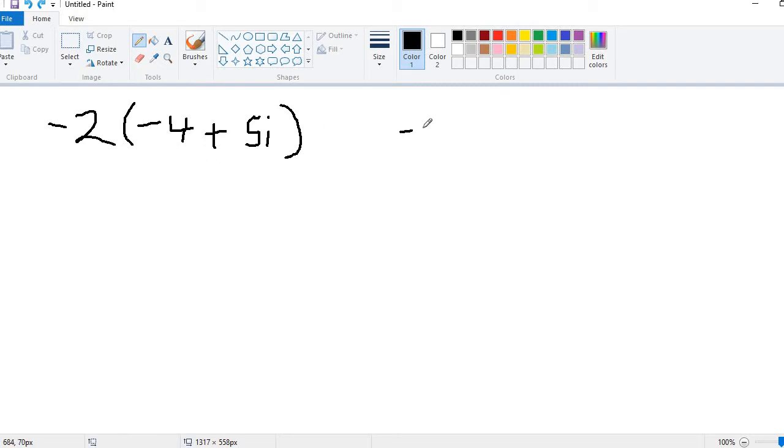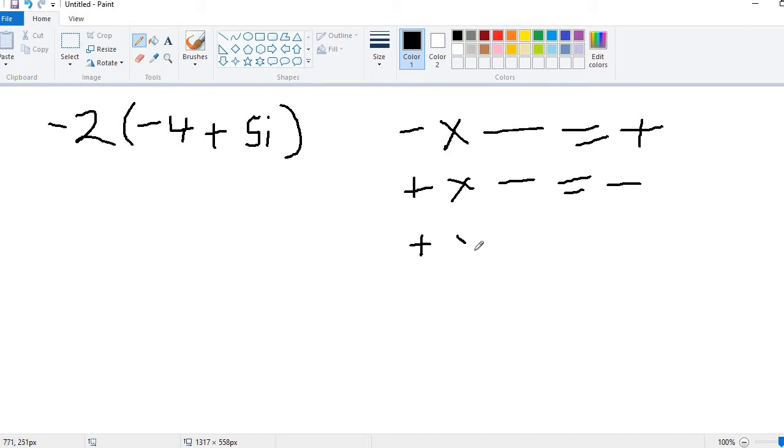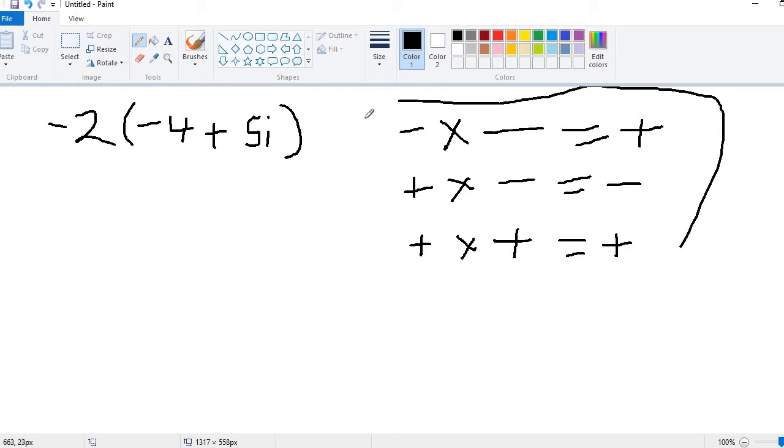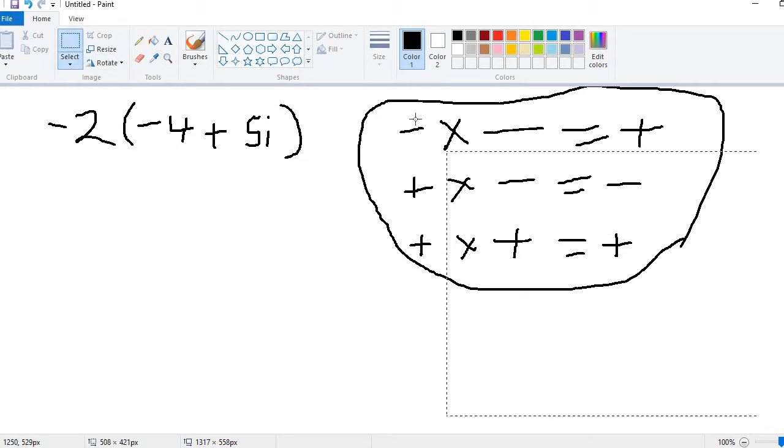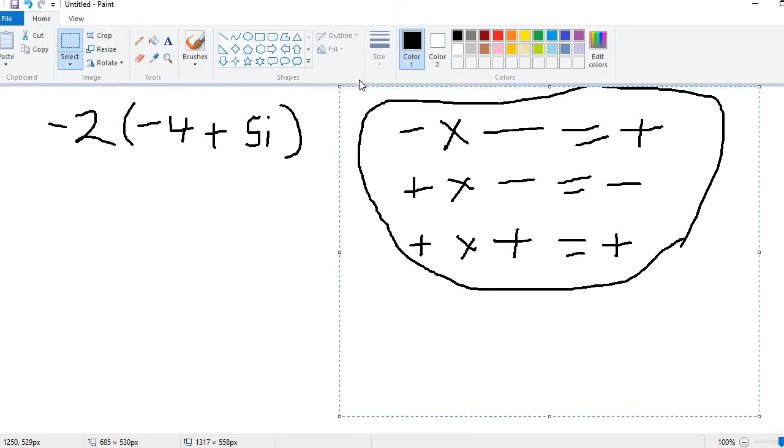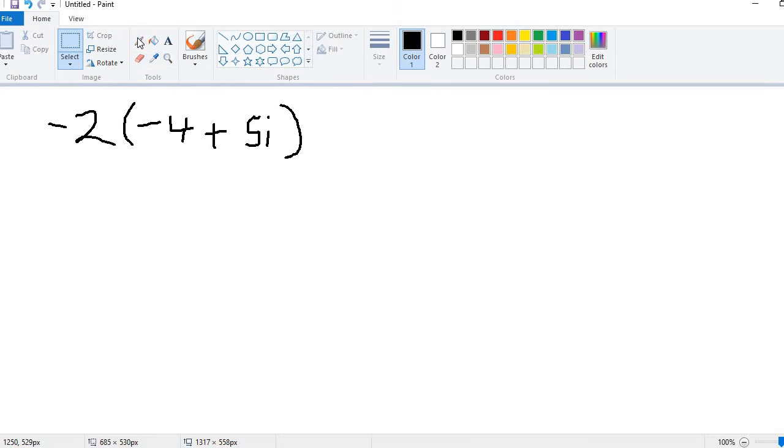This is a rule in mathematics. Always remember this rule. But I'm pretty sure every one of us knows this rule, so we don't have to dwell much on it.